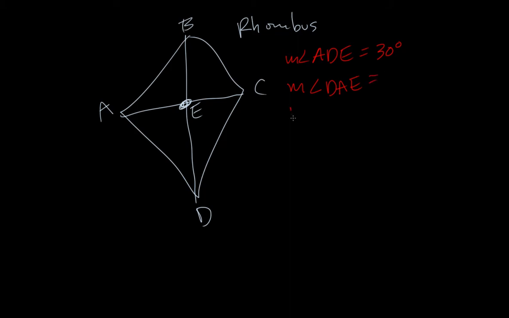Oh, and also ABD. Okay, so ADE, so just this portion is 30, and then we want to find DAE, so we'll call that one X, and then ABD.